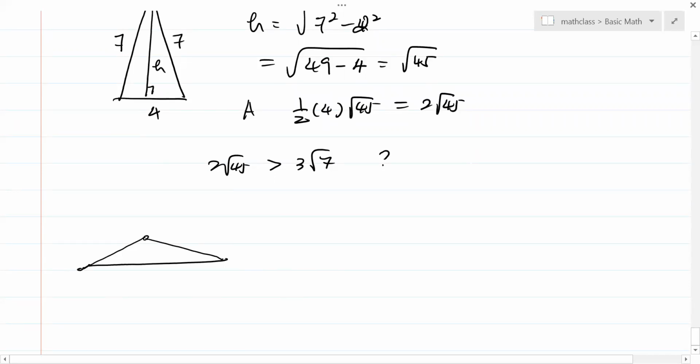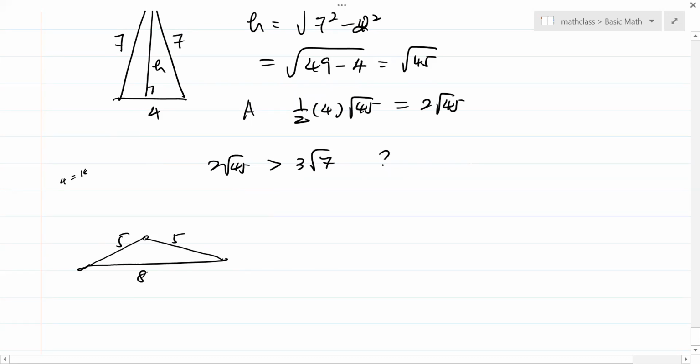So what is this number? That will be 4 plus 4 plus 10 equals 18. So this will be 5, 5, and 8.